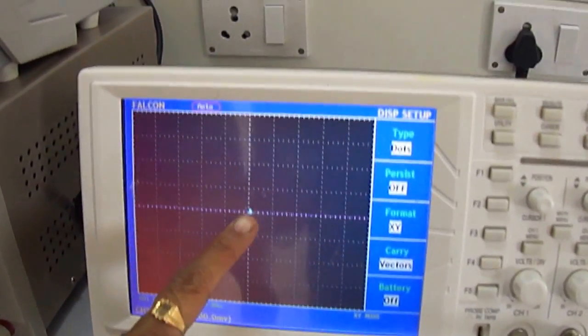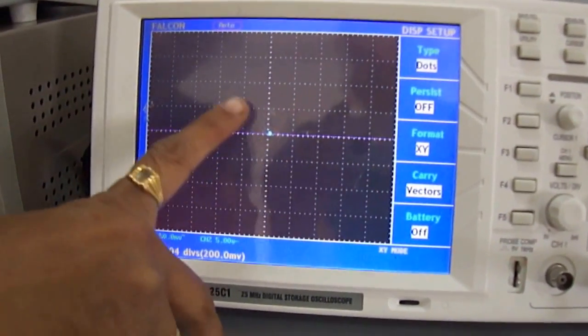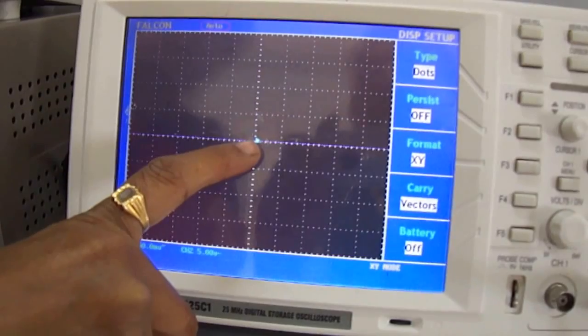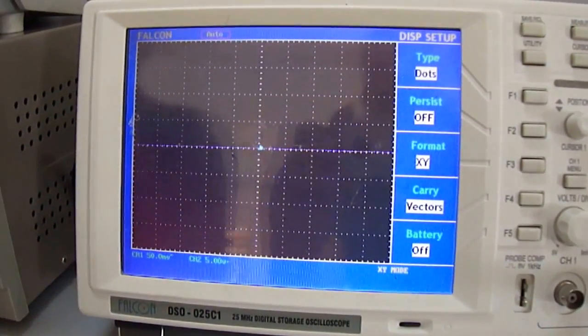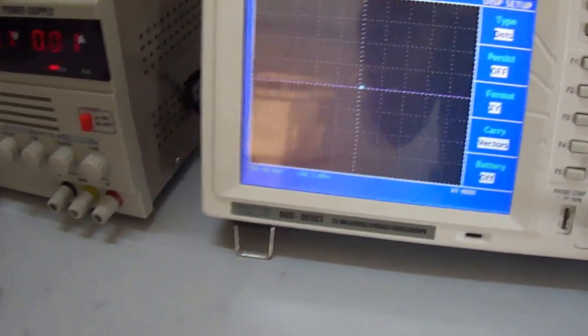Now at 100 Hz we are getting 0.5 volts. 0.5 means here 5 divisions, after 0, 1, 2, 3, 4, 5.